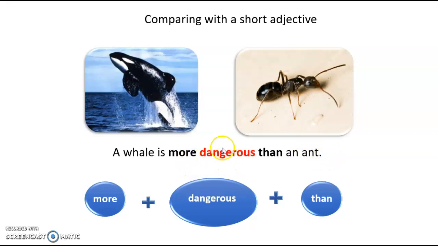So the long adjective, nothing happens to it. We do not add ER. We just add before it more, and after it we add than. Because if we would have added ER, then the adjective would have turned out to be a very long word. So we don't want it to be long. It's long enough. So we don't touch the long adjective.